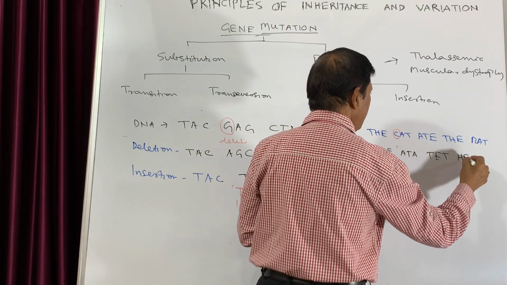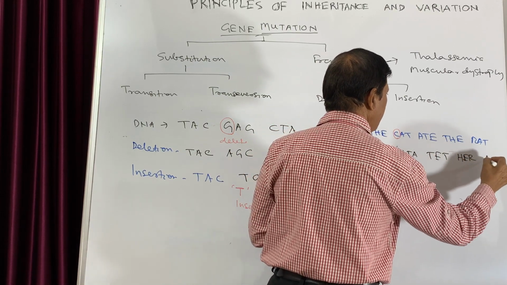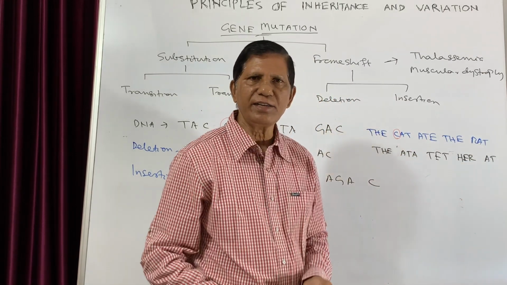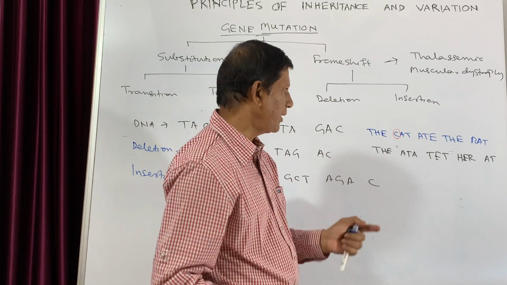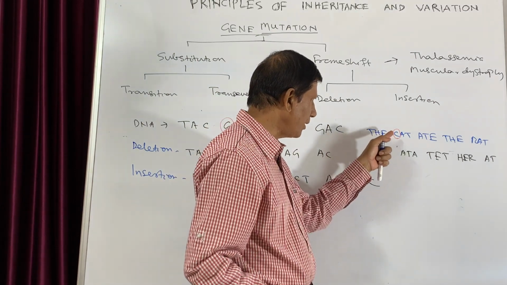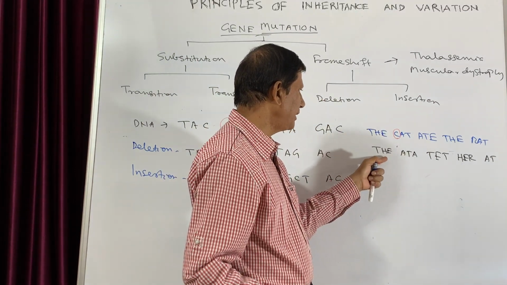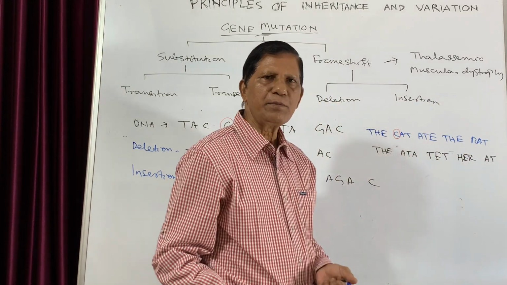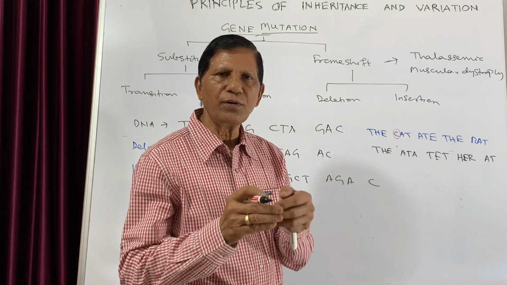Then HE, the R will come to this side. Then AT. So you see, previously it was: the cat ate the rat. It is a meaningful sentence. But when there is deletion of one letter, now it is THE, ATT, ETH, ERA, T. That means there is only a jumbling of letters.